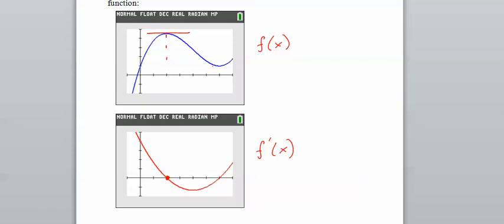The slope here at 6 is also 0. So that's why the derivative graph shows a value of 0. The slope here is negative. It's going downhill. Less so, more so, less so. So everything in here is negative. The slope here is positive. It's up to the right. So everything up here is positive. The slope here is becoming positive again, up to the right. This takes some getting used to, but we'll get there.